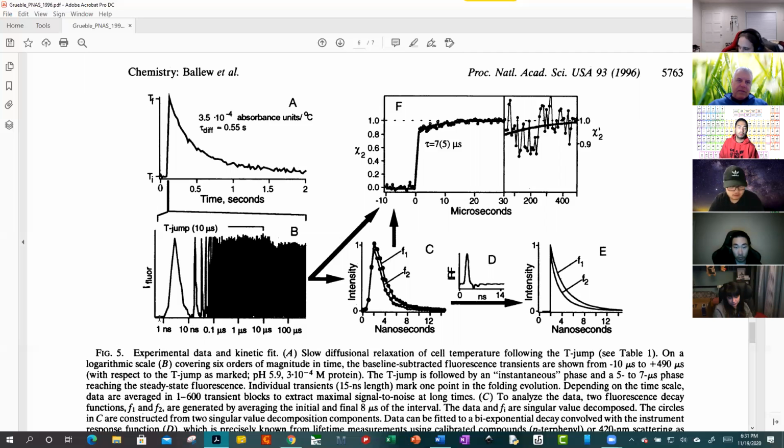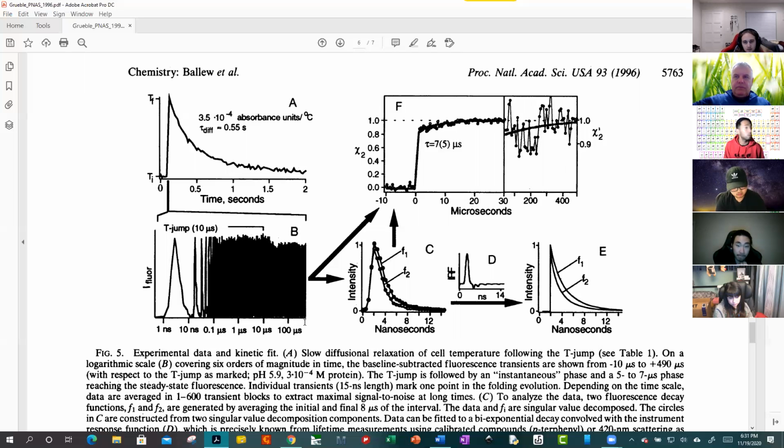So this is 20 samples between 1 nanosecond and 10 nanoseconds, roughly. And then 20 here, and 20, 20, 20, until we get down to 200 microseconds.